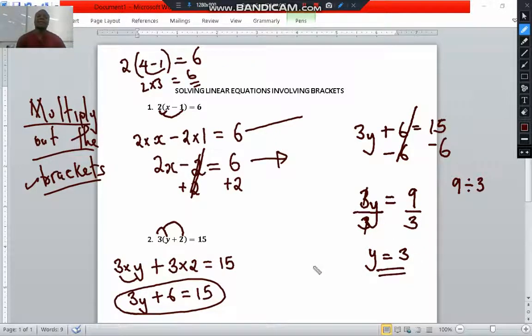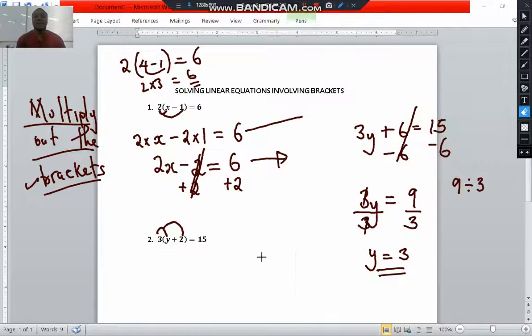We can equally prove that this is true, because if we put 3 where there is y, the left-hand side should give us 15. So it is always good to prove our answers. Let's just see if that is going to be true. Okay, so what we are going to do now is to say 3, open brackets, where there is y we put 3 plus 2.